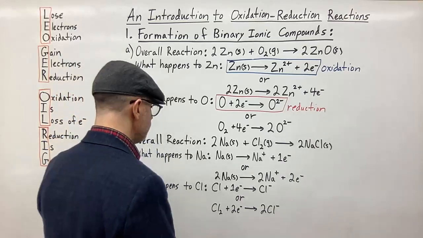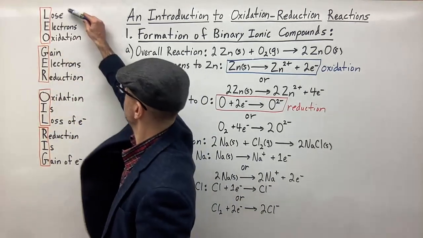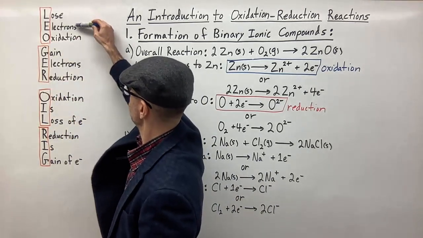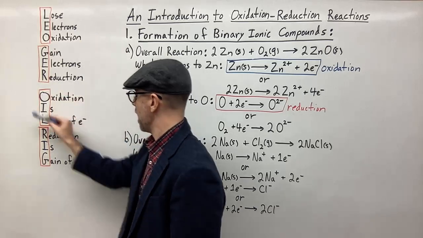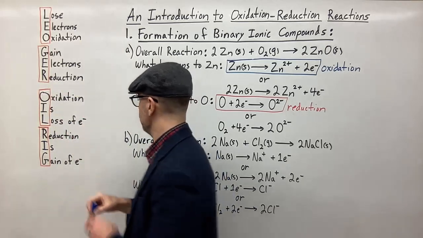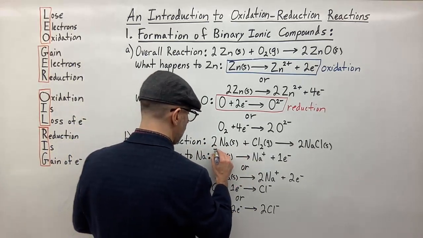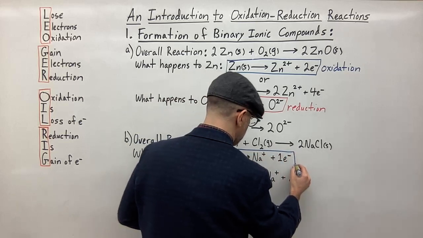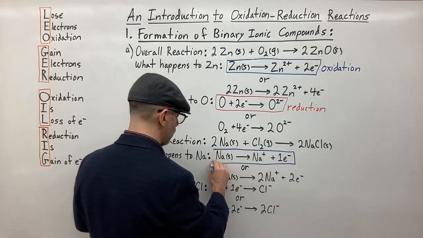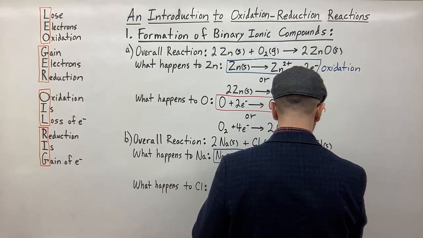So again, since sodium is losing electrons, right? LEO: lose electrons, oxidation. Or OIL RIG, oxidation is loss of electrons. So here the metal is undergoing oxidation, right? Because metals love to lose their electrons, so their tendency is to undergo oxidation.